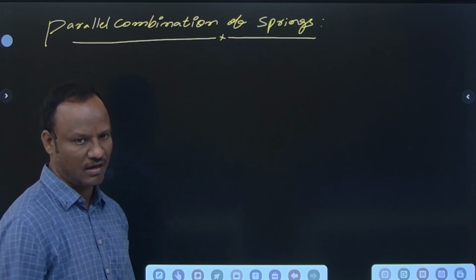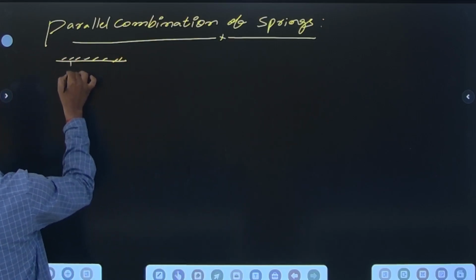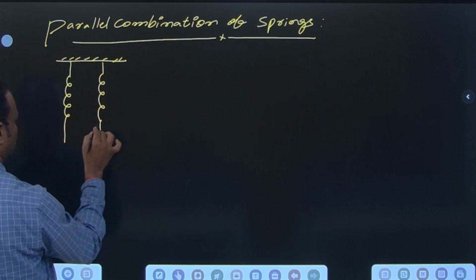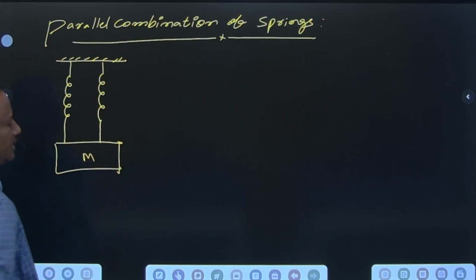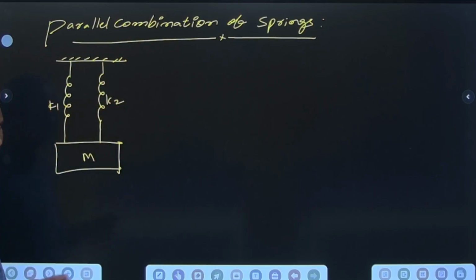In the parallel combination, I'll give the best example. You can see two springs, with mass capital M, and spring constants K1 and K2.